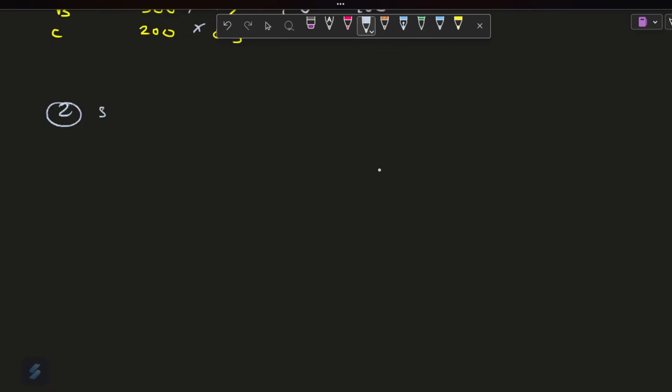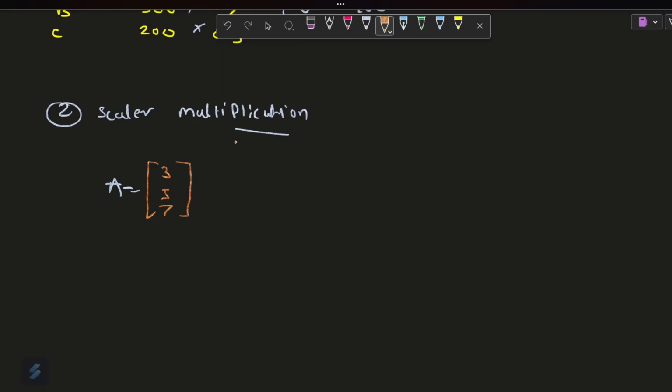Let's start with scalar multiplication. We have vector A, which is 3, 5, 7, and we have scalar value B, which is 2.